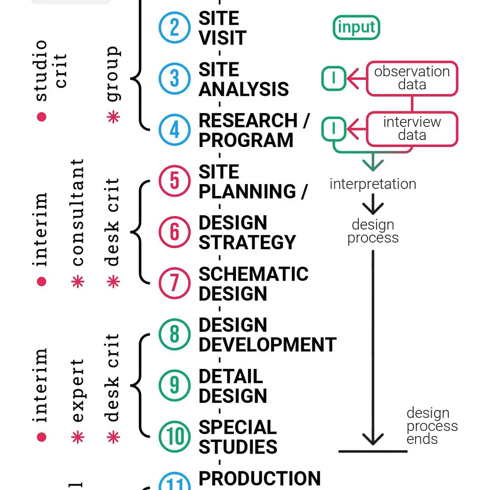So that's sort of a linear way of looking at it, but of course it has a lot of feedback loops from the studio crit or the group crit, and interim and consultant crit or the expert crit, and the desk crit with the tutors, and the final crit.